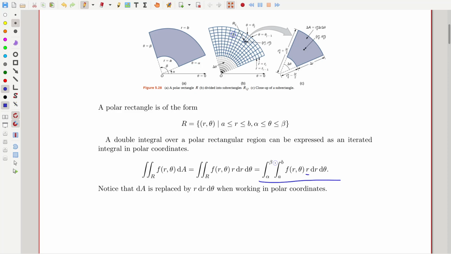In fact, as r increases, as you get further and further away radially, the polar rectangle that you would trace out, the differential element of area, would be larger. And it turns out that the proportion to which it increases is proportional to the radius. So that's what this factor r here represents. It's representing the fact that in the polar coordinate system, our areas are warped depending on how far away we are from the origin.